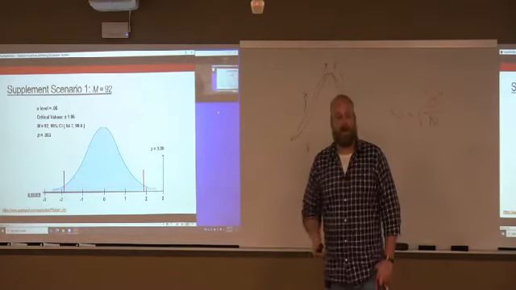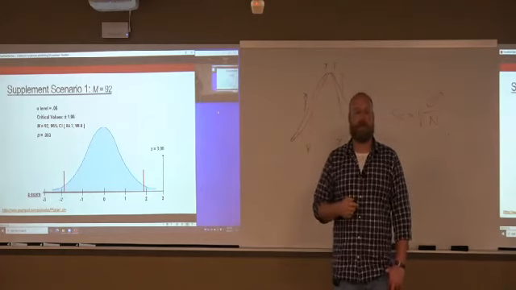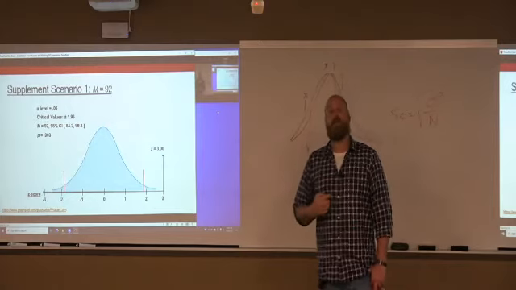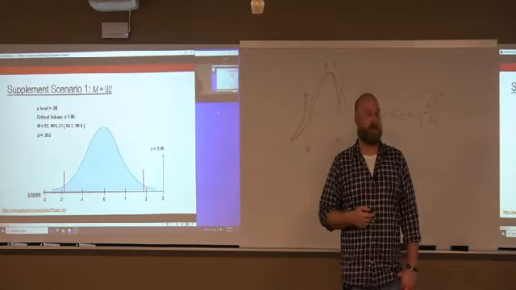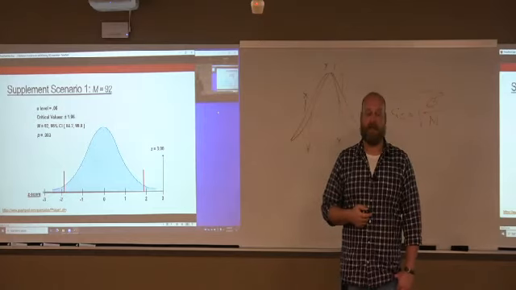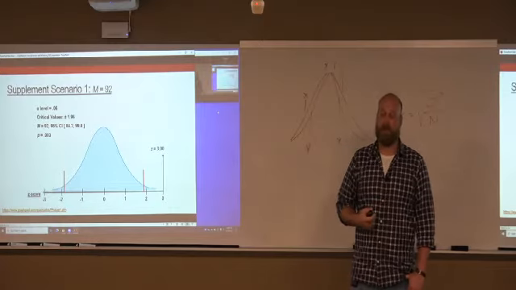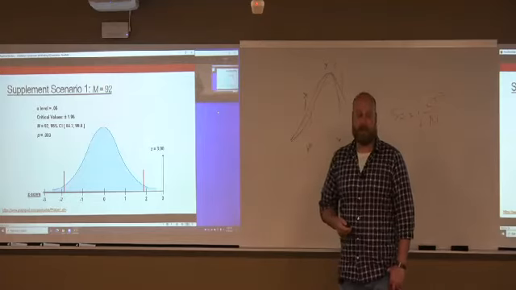So in this scenario, my conclusion is going to be to reject the null hypothesis. If older adults who are taking supplements have a mean cognitive score that is actually 80 in that population, it would be very unlikely for me to obtain a randomly selected sample of 25 individuals who had an average cognitive score of 92.